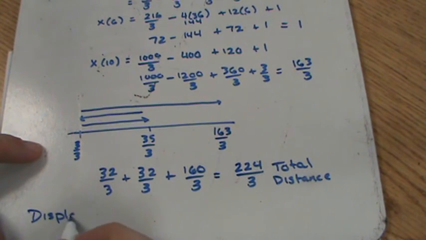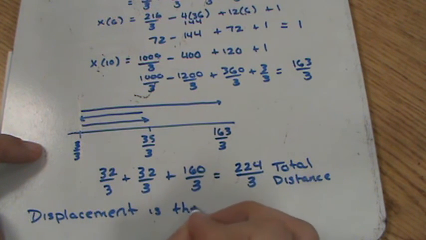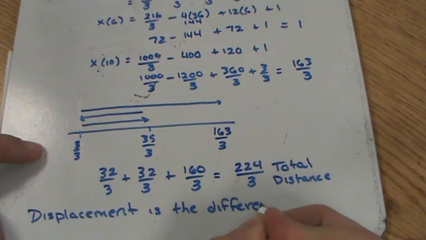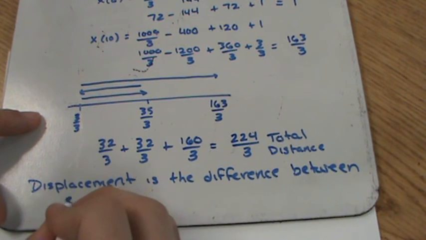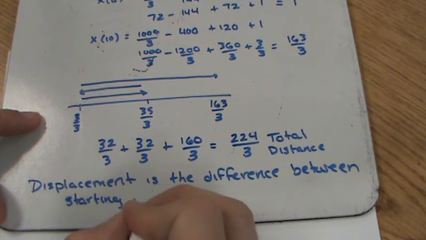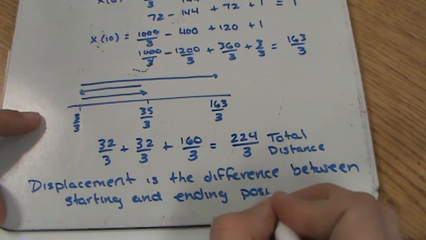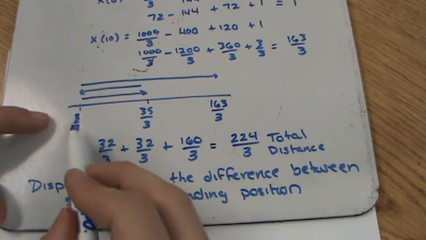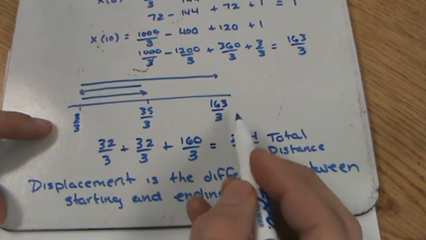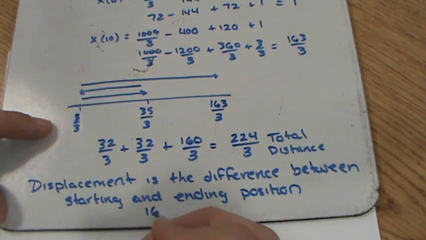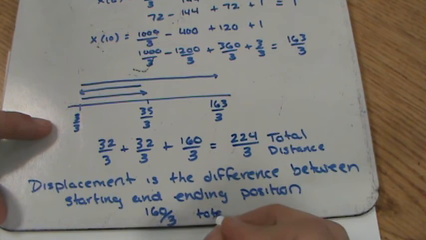So displacement is the difference between starting and ending position, which if we started at 1 and we ended at 163 over 3, we just have to find that distance between them, which in this case would be 160 over 3, which was that last distance we found. That would be our total displacement.